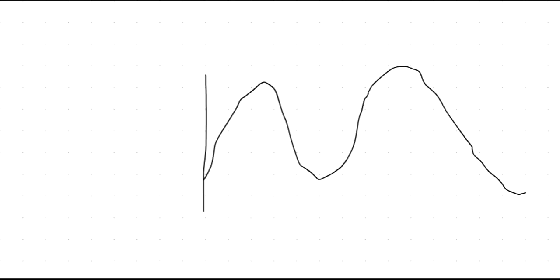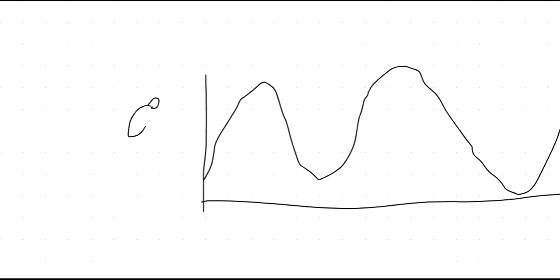So usually when we give a drug, it will go like this. So this is when you've given a drug, and it's usually concentration against time. So you've given your drug here, let's say.